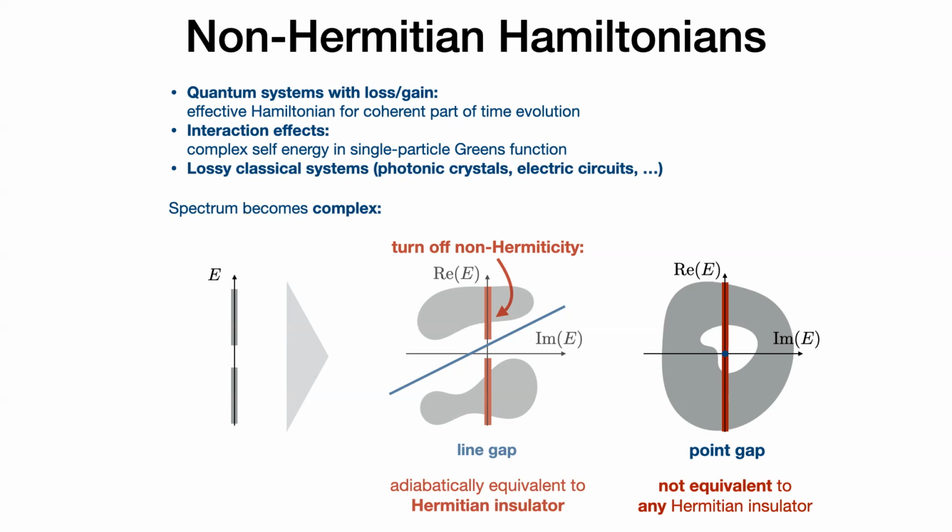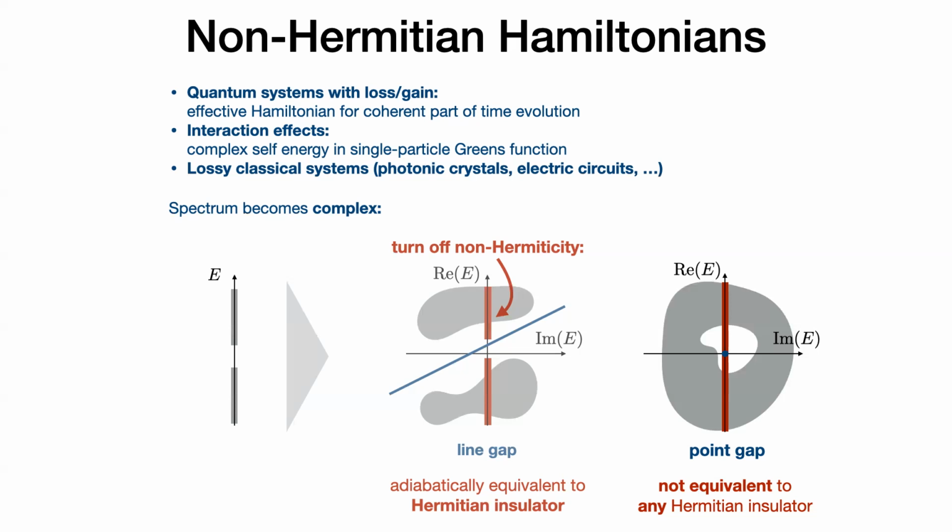Just one simple question. Is there some sense in which the part of this diagram where the imaginary part of the energy is zero is some kind of limit where everything is Hermitian again? Exactly. So I'm basically showing you this limit in the red plots here.